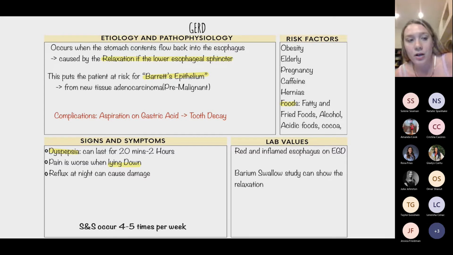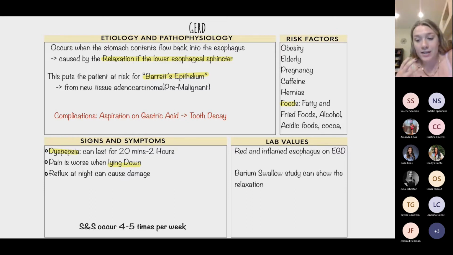But what happens with GERD is that a variety of factors can cause this relaxation, and the LES relaxes and that bile acid, stomach acid, comes back up. What we're really concerned about is as the acid comes up, it's going to damage the esophagus.